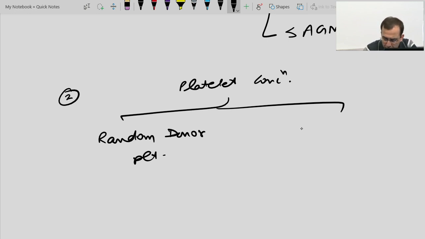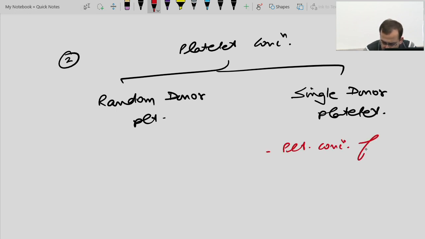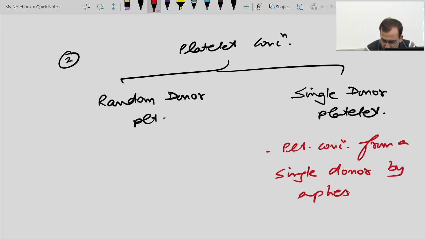That is random donor platelets, or a single donor platelet. What do we mean by a single donor platelet? This is platelet concentrate from a single donor, obtained by apheresis.